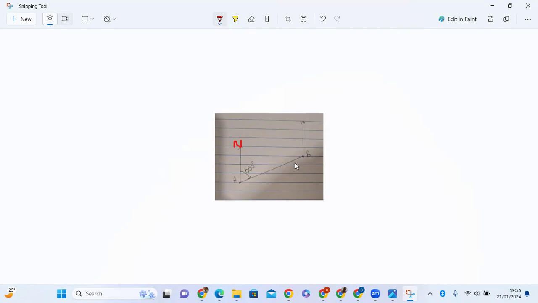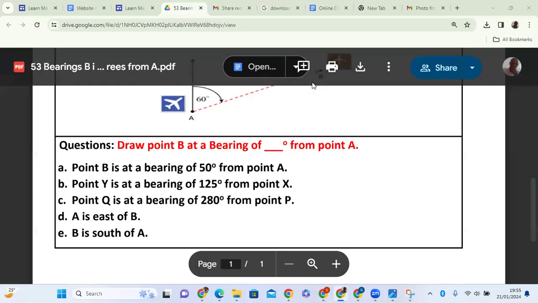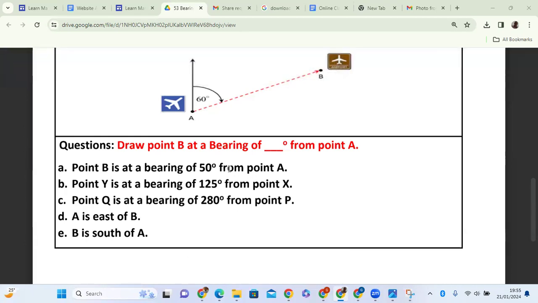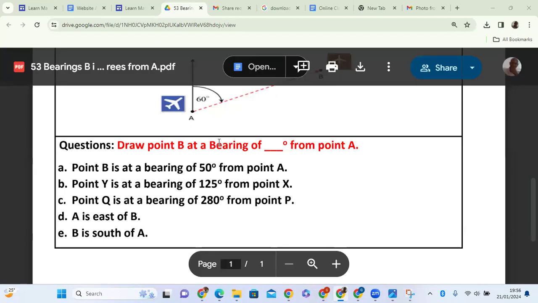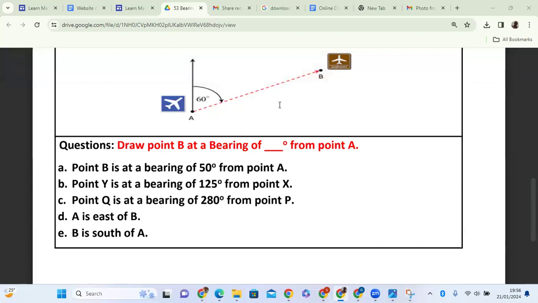Since the question did not say bearing from point B, it is not mandatory to draw a north line at B. As you can see, it says point B is at a bearing of 50 degrees from point A. So this question mandates that you must draw a north line at point A, but it is not mandatory that you draw a north line at point B. It is not wrong, but it's not mandatory.